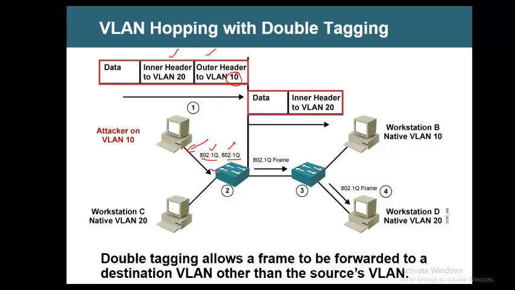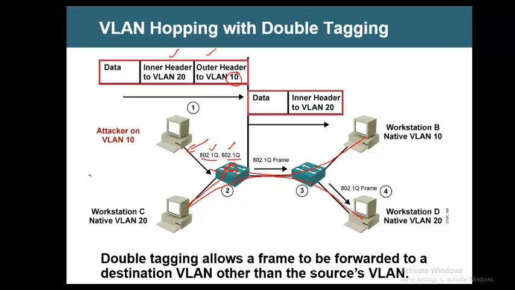So when the packet is received on switch 2, let me call it switch A, switch A considers the packet as a member of VLAN 10 and sends it to VLAN 10. And the inner header says it belongs to 20, so it is also sent to VLAN 20. So now the attacker has got access to both the VLANs. The same data that the attacker is trying to send is going to both VLAN 10 members as well as VLAN 20 members.